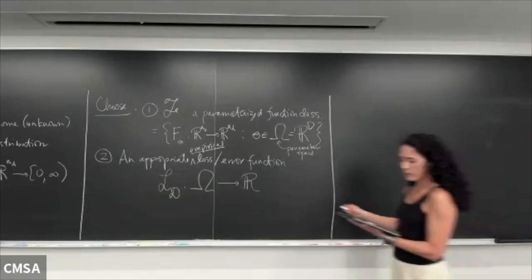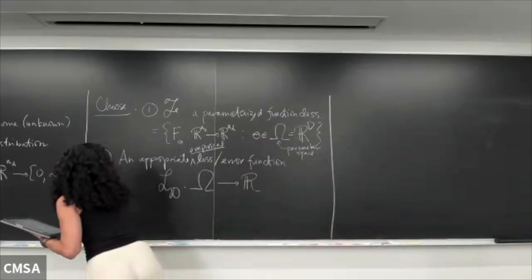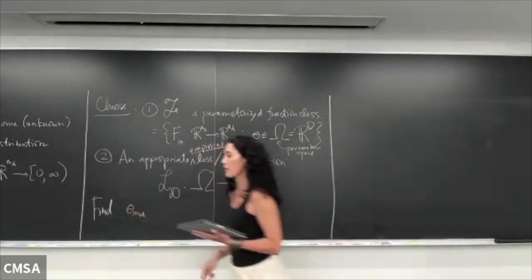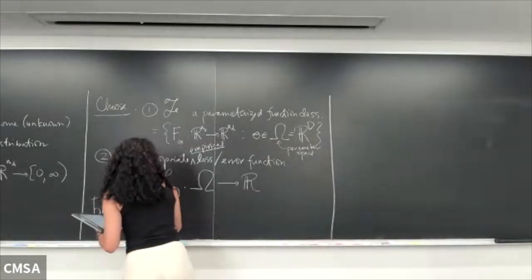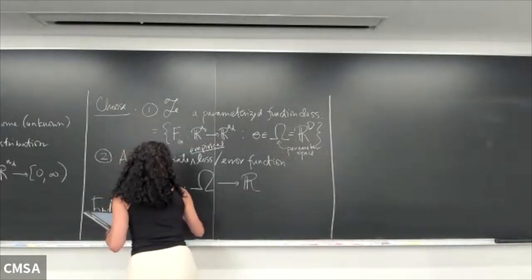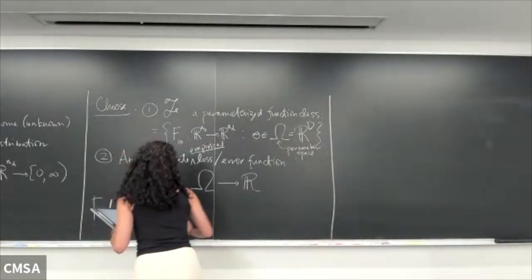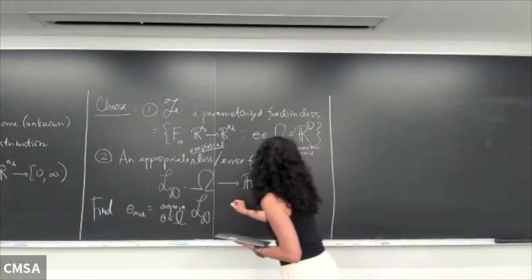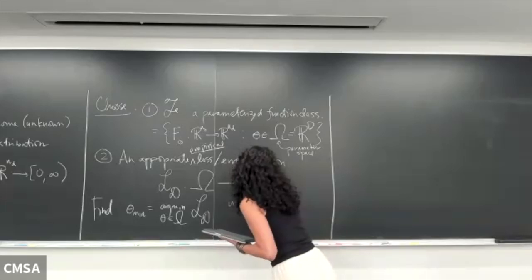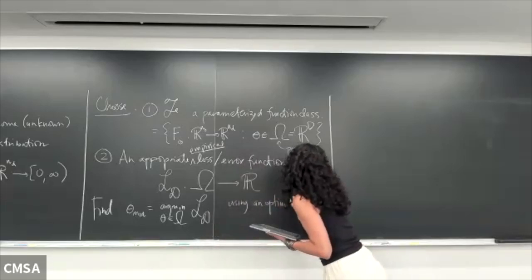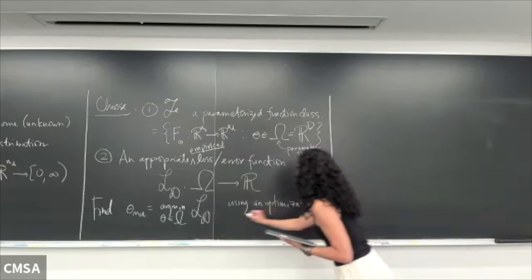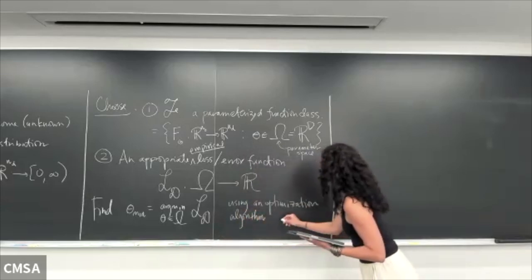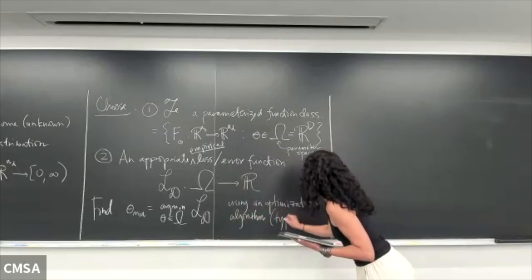So you're trying to find the particular parameter that minimizes this empirical loss. And typically you use an optimization algorithm, typically gradient descent, some version of gradient descent.